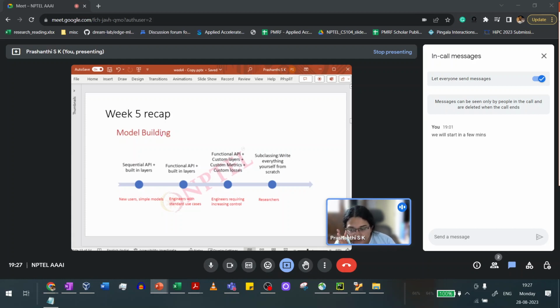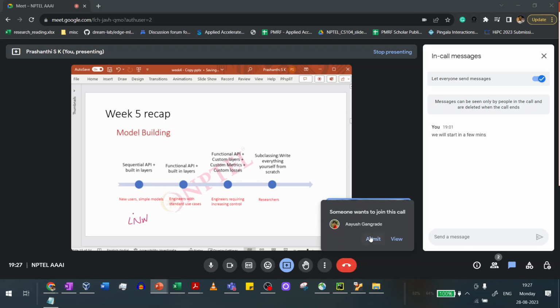So for instance, if you just want to do something very simple, you want to use very simple models and you're a new user. Suppose the framework told you that you had to write everything from scratch. Let's say you're trying to implement a very simple CNN, something like what we saw in the last class that did digit classification on the MNIST dataset.